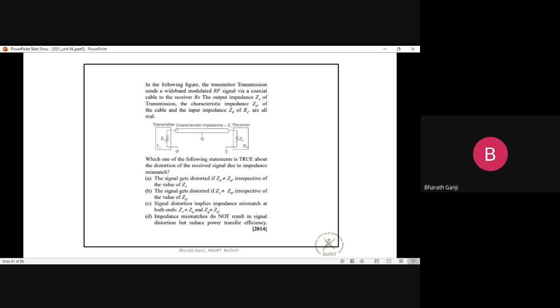But if you are not sending a sinusoidal signal, but a signal in the format of a pulse, there are many frequency components in it. Even though the line is lossless, because of the impedance mismatch you will have distortion in the signal.